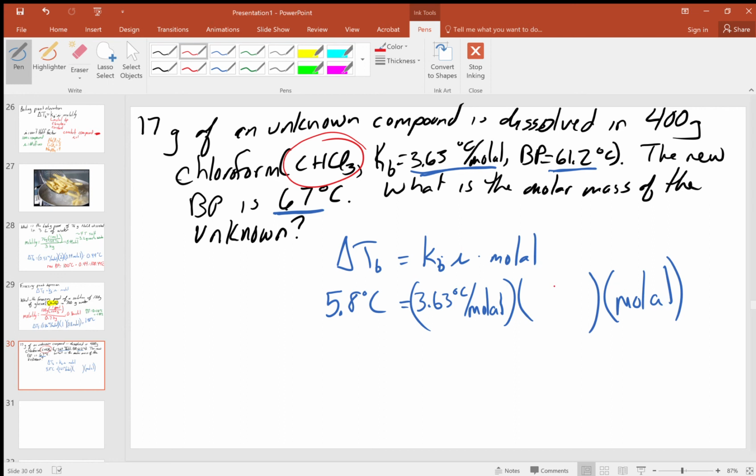So we can make the assumption that this is a covalent compound and that the van 't Hoff factor is 1. So we can solve for molality now, and we get 1.60 molal.